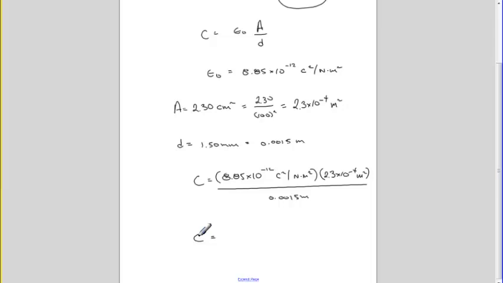So 8.85 e to the negative 12 times 2.3 e to the negative 4 divided by 0.0015, and I get 1.36 times 10 to the minus 12th.